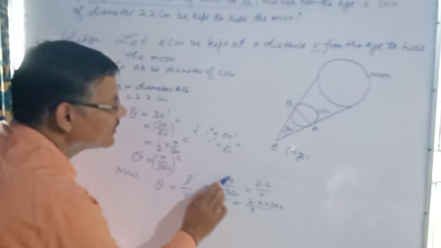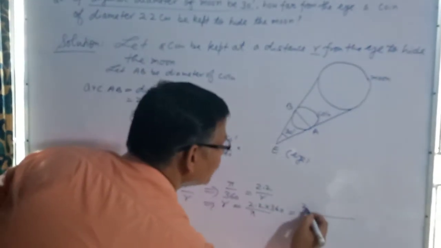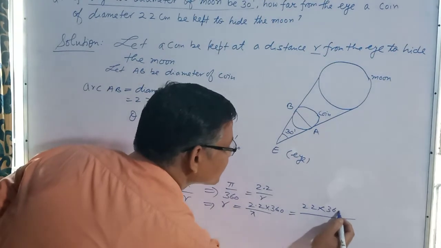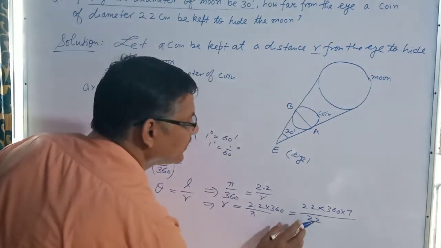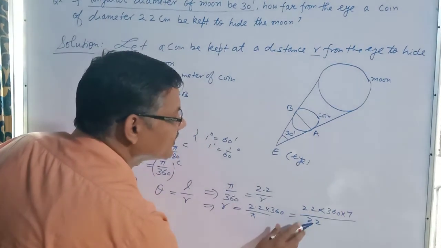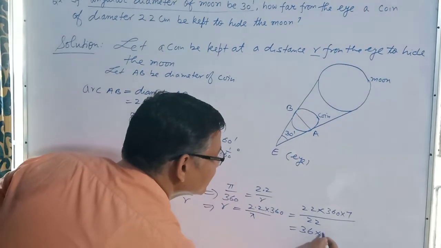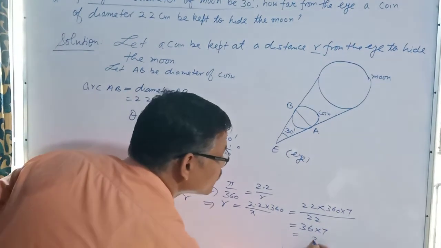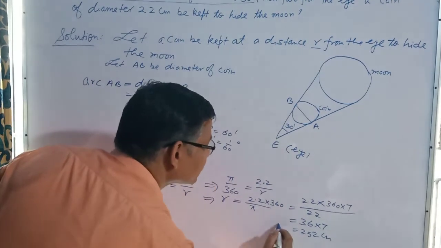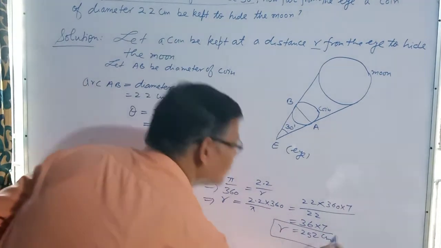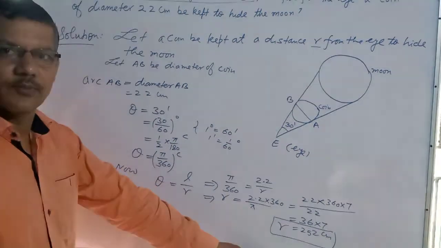We write it as 2.2 into 360 divided by 22 by 7. When we divide it, we get 10 times, and the zero is cancelled. It is equal to 36 into 7, which is 252 centimeters. So in that case, we get that the length is 252 centimeters.